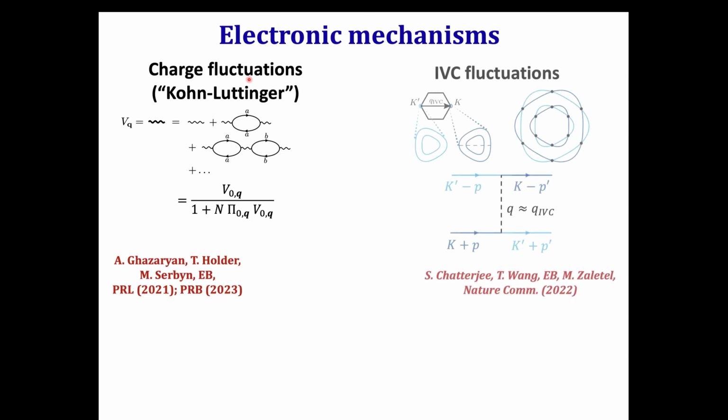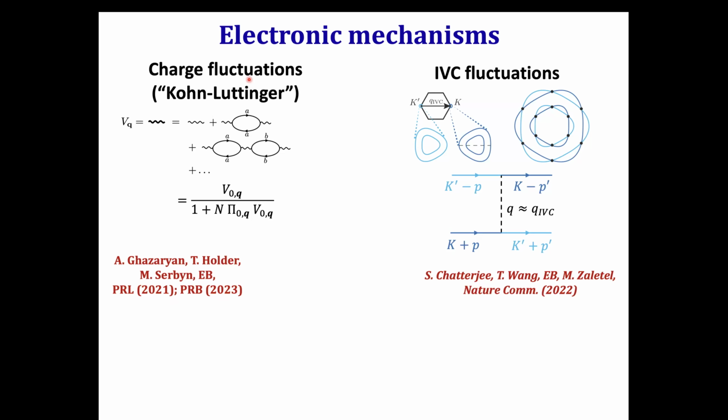Okay, and we also thought about a related but different mechanism for superconductivity, which is we saw that at least some of these superconductors occur right at the boundary between 2 phases. One of them is symmetry broken, and the other one is symmetric. So you could imagine that it's the fluctuations of the nearby ordered phase that are mediating pairing between electrons.